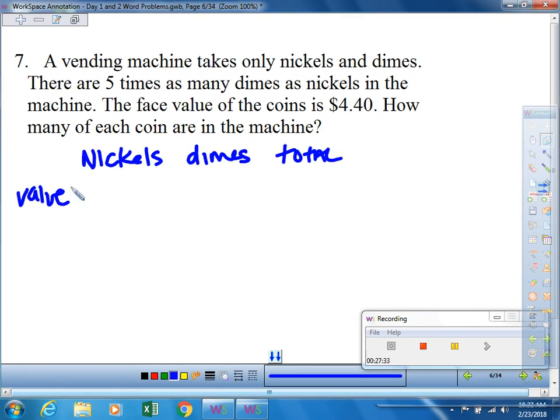So, what is the value of my nickel? 5 cents times the number of nickels. That gives me my total value for my nickels. So, N is number of nickels.